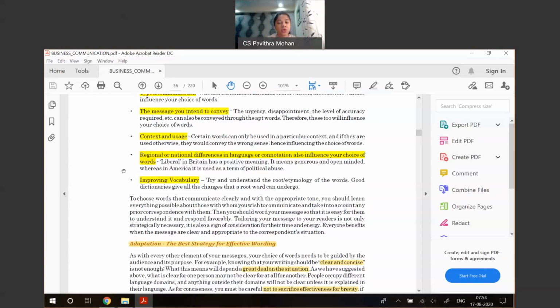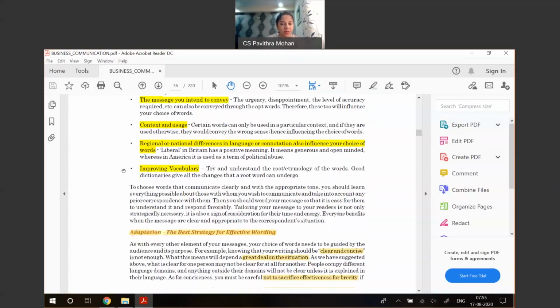It's already entered, so this concept is moving very much ahead, and you should know which words are not used in particular countries. For example, in Britain, liberal means you're being free, open-minded. But the same term in America means you're trying to abuse someone politically. So you have to know whether you can use that word in your conversation or not. You should be aware of that.